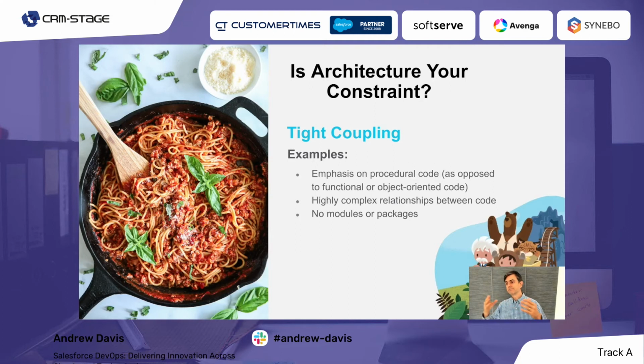On the level of multiple classes in your code, tight coupling is where these classes are directly calling each other, which is very normal and common, but it does have some limitations and challenges. The final kind of tight coupling, almost universal in Salesforce, is that Salesforce is one big integrated database. Almost invariably, when you're building on Salesforce, you're all touching the same database, and so all of your applications become very tightly interdependent. That's the challenge of untangling and modularizing your Salesforce org.